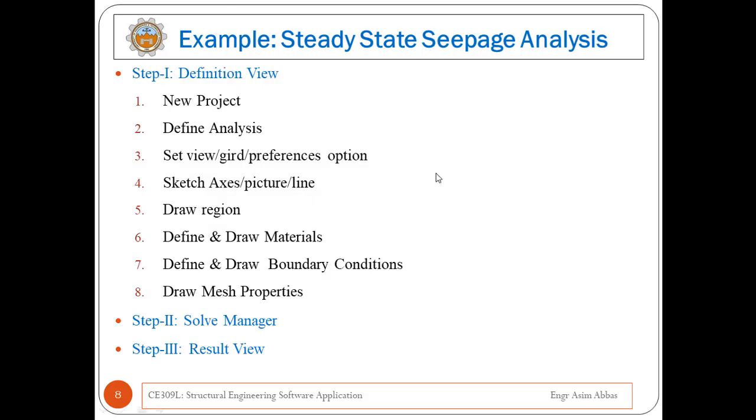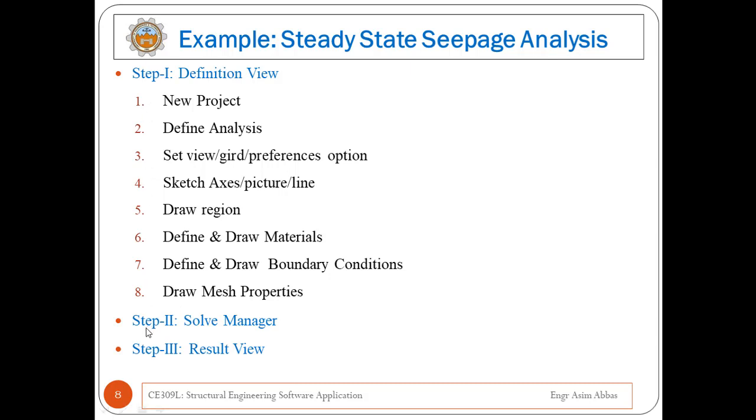The following methodology will be adopted for steady-state seepage analysis of the embankment dam. In the definition view, the following eight steps are involved: new project, define analysis, set view grid preferences options, sketch axis, picture, line or draw region, then define and draw materials, then define and draw boundary conditions, and the last step in the definition view is draw mesh property, right?